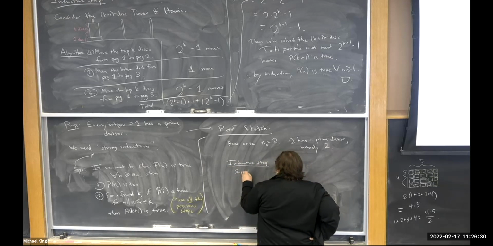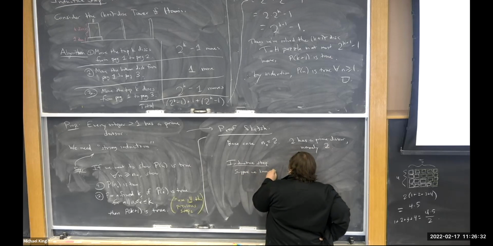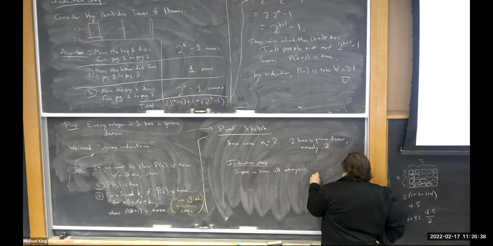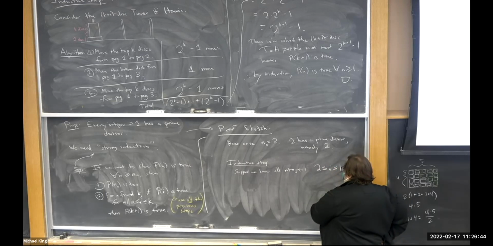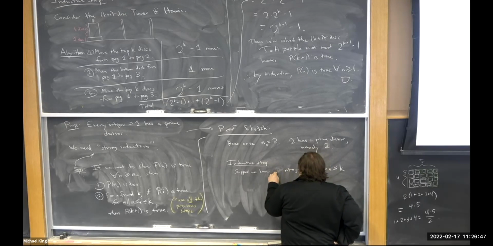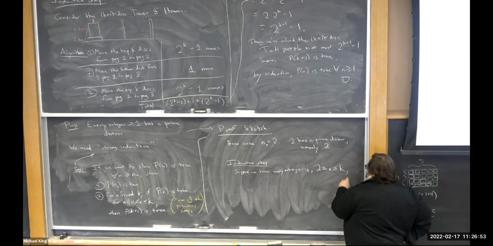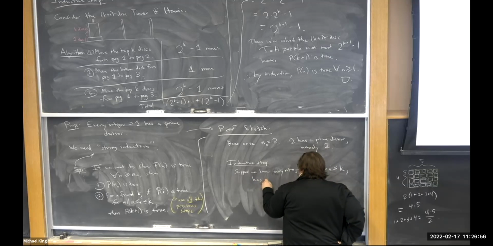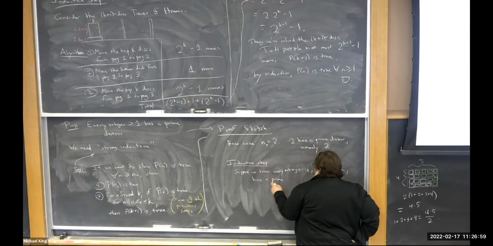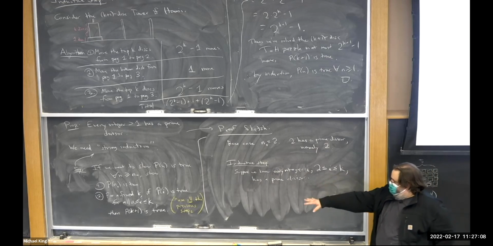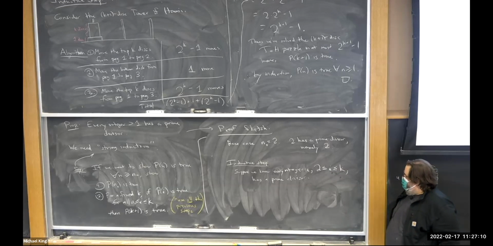Suppose we know, if you just think about what this strong induction says, we know all integers i with 2 less than or equal to i less than or equal to k, every integer i between 2 and k has a prime divisor. Right? So we're not just using k, we're using everything between 2 and k. That's the inductive assumption. And consider k plus 1.